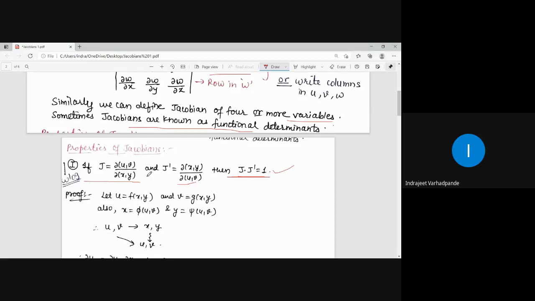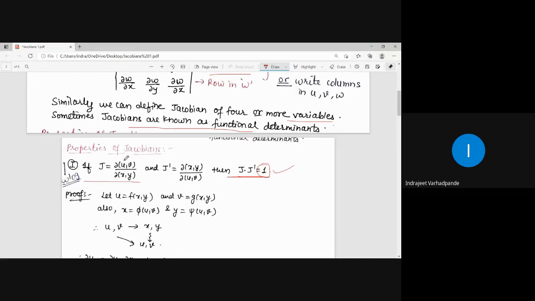See, when you take the product, hypothetically, this and this can be cancelled, this and this can be cancelled. So what is the expected answer? 1. The other Jacobian, whatever is defined, is reciprocal, right? It is calculated in the reverse way.